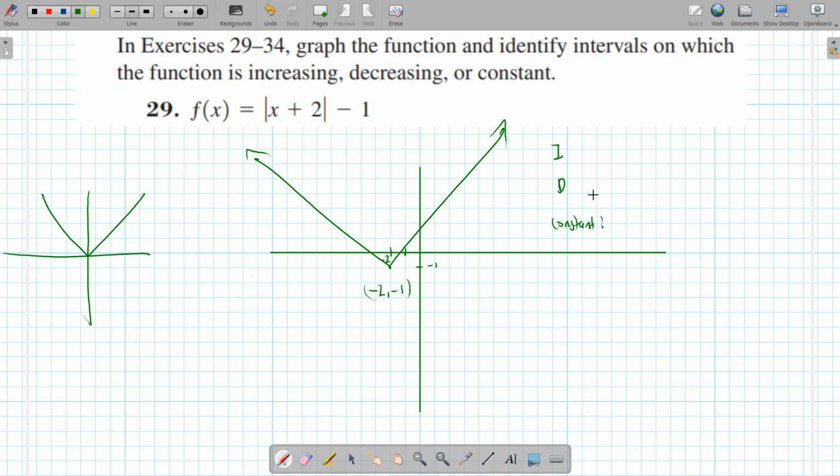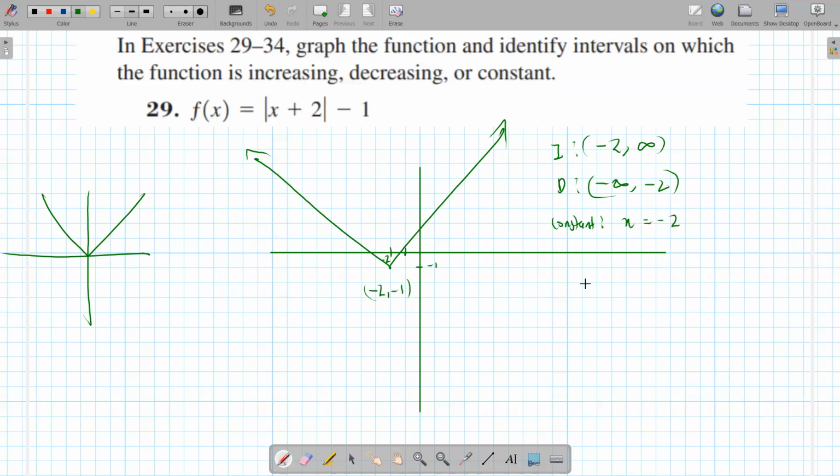It's decreasing from negative infinity to -2, and it's increasing from -2 to positive infinity. And it's constant when x is -2.